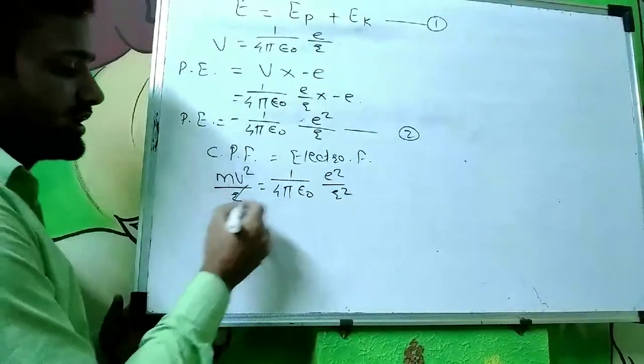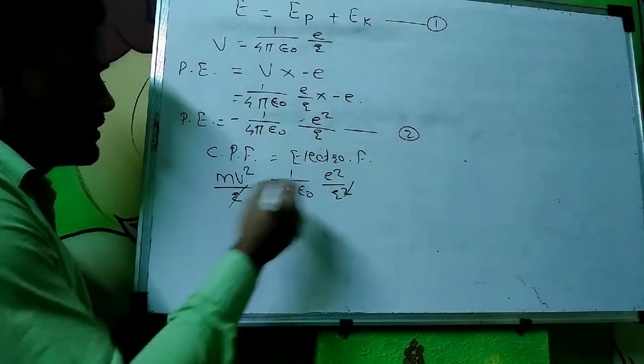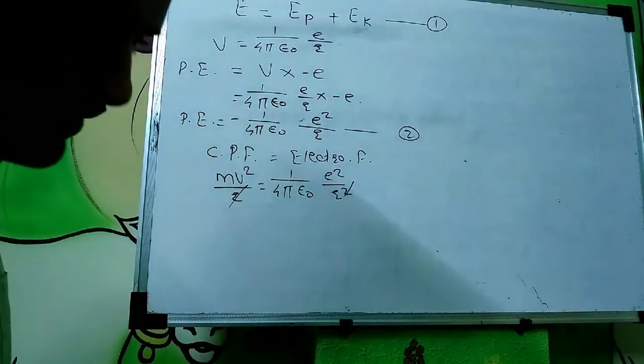We can cancel the r from both sides, and multiply the left side as well as the right side by half.